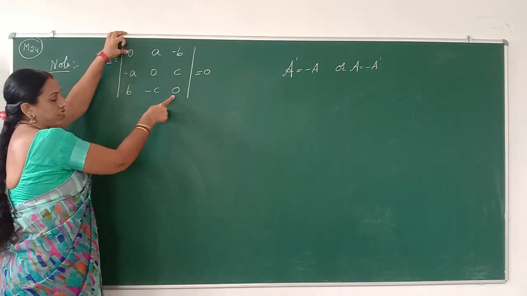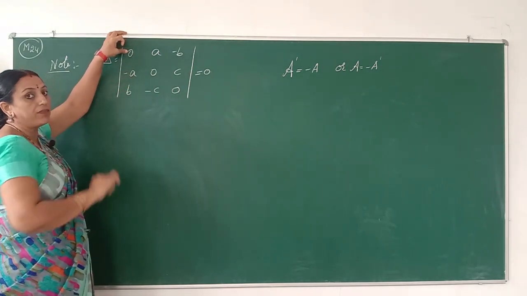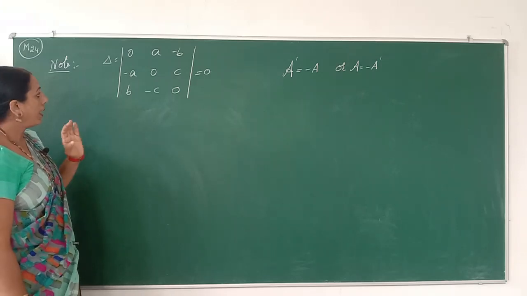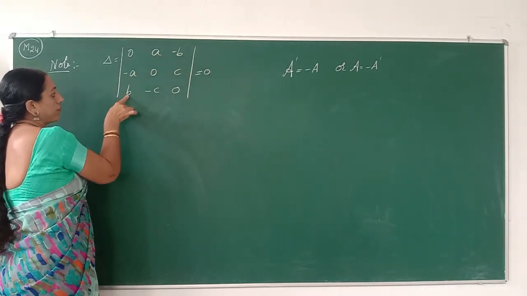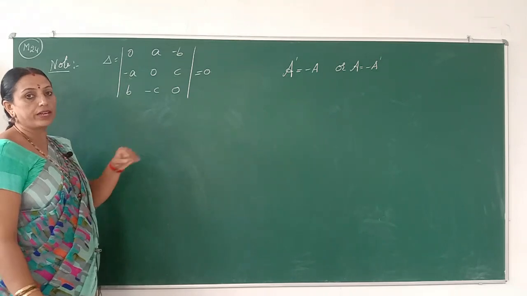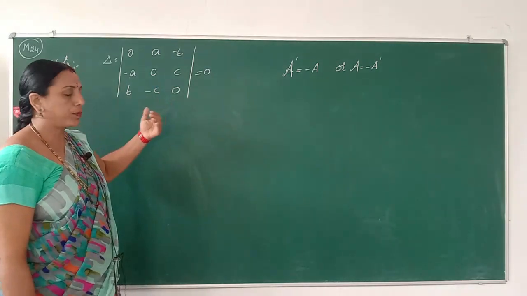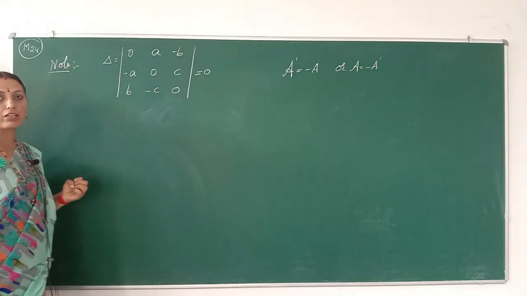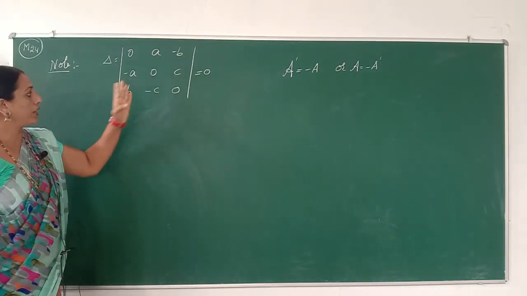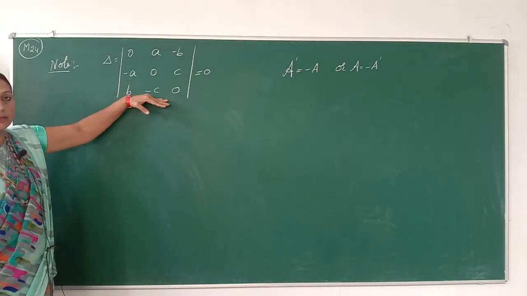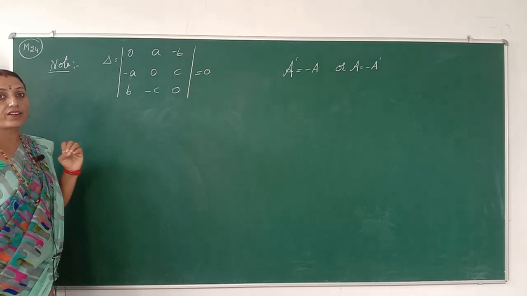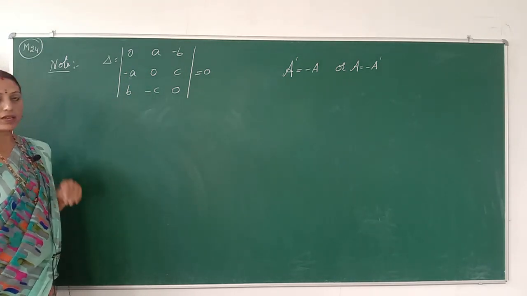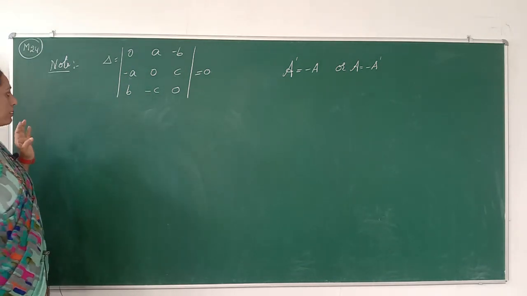These are always nothing but 0 in a skew symmetric matrix. And the upper and lower parts of the diagonal always differ with sign. So if the upper part is positive, then automatically the lower part will be negative. Then such a matrix is called a skew symmetric matrix.